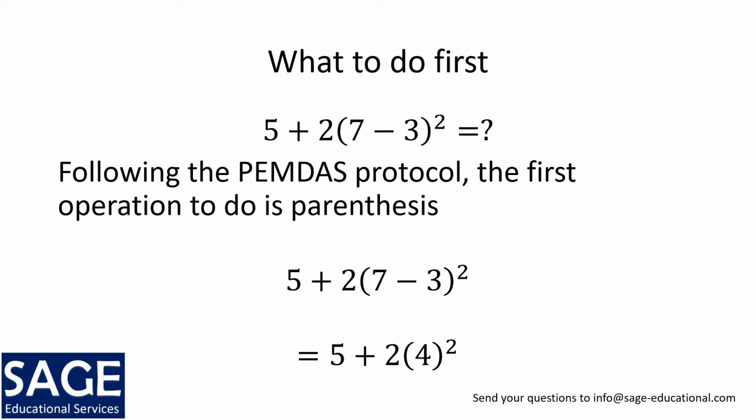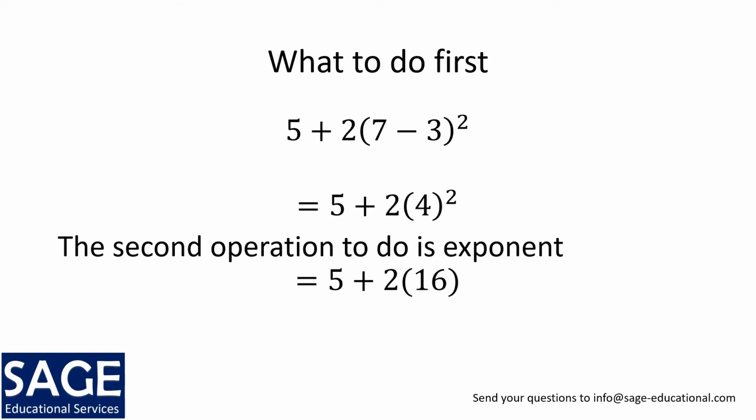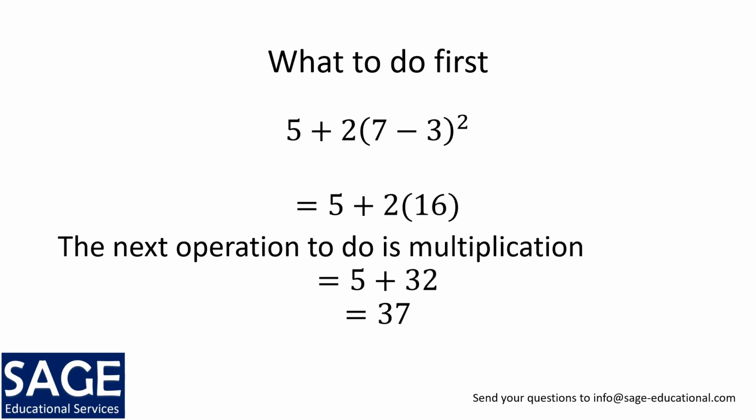Now we've simplified one of those operations. The next operation that we take care of is the exponent. So 4 squared means 4 times 4, which is 16. And after this, the next operation to take care of would be multiplication. So we replace the 2 times 16 by 32, and now we have only one operation, which is addition. So 5 plus 32 is 37.